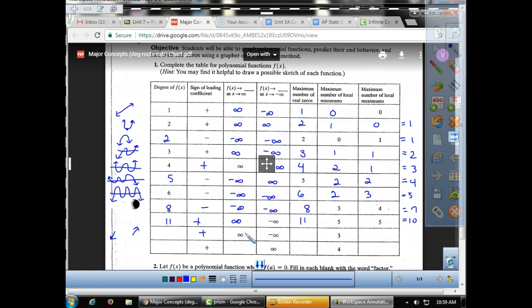That's true. Very good. These two always match for an odd function. They actually always match for an even function too. Good analysis there. But what else have y'all noticed with regard to the number of maxes and mins? They're the same for an odd function. So you have to realize that this is a 3, this is a 3, making this a 6, making this a what? A 7, and then this would be a 7.